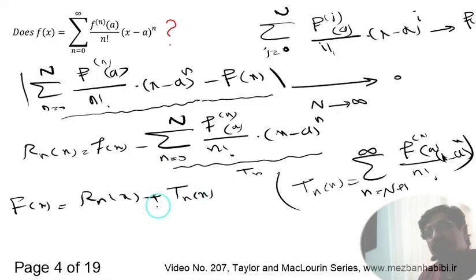This is easy to show: the absolute value of these terms goes to 0 when n goes to infinity.